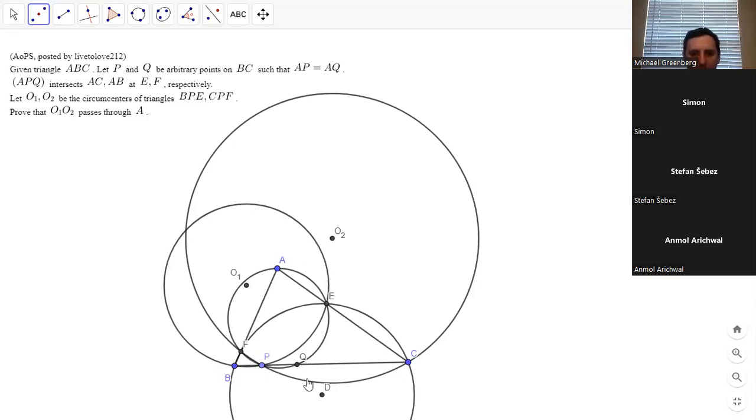So AFP is AQC, and by symmetry, that's the same as angle APB, since AP is equal to AQ. So angle AFP is angle APB, and that would mean triangle AFP is similar to triangle APB. And so AP squared is AF times AB.